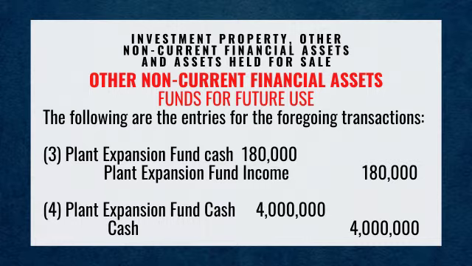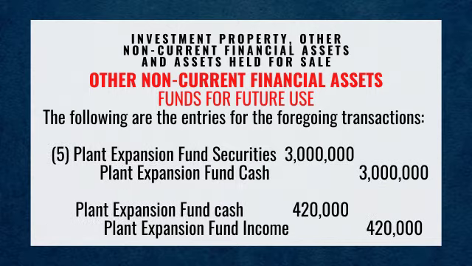Number 4, debit plant expansion fund cash for 4 million pesos and credit cash for 4 million pesos. Number 5, debit plant expansion fund securities for 3 million pesos and credit plant expansion fund cash for 3 million pesos. Debit plant expansion fund cash for 420,000 pesos and credit plant expansion fund income for 420,000 pesos.